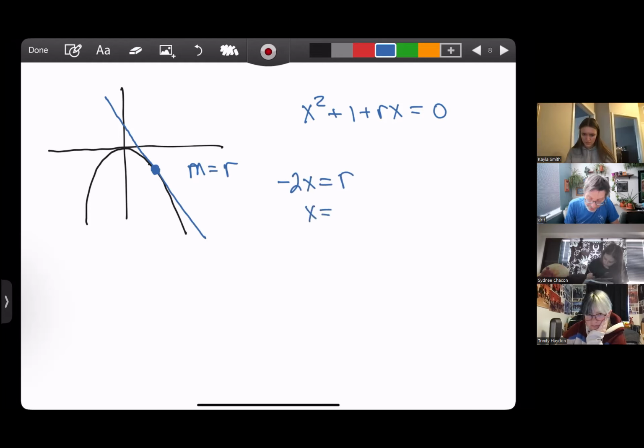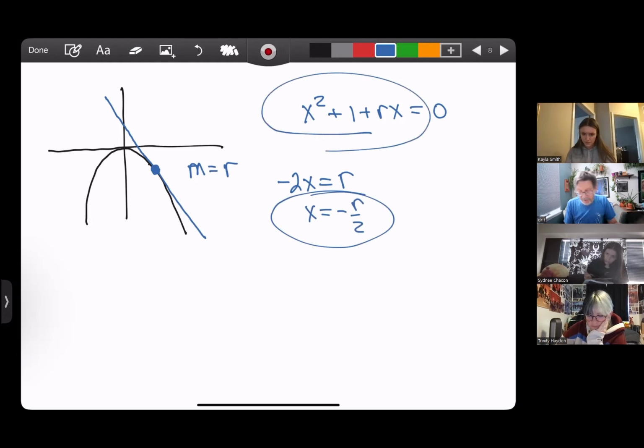So x has to equal -r/2. So I'm going to take that and get an equation in r. Or I can get an equation in x. Either way, I could solve this bottom one here for x. So in other words, r equals -2x. I could plug that into the top equation. And in fact, let's just do that.